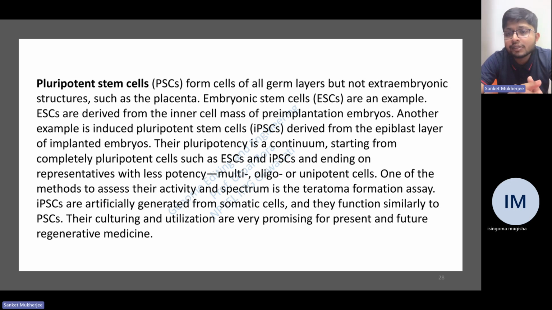You must have studied the Yamanaka factors. If we give those factors to these differentiated cells, they will go back to their previous state and form induced pluripotent stem cells. So that is a very promising approach in regenerative medicine.